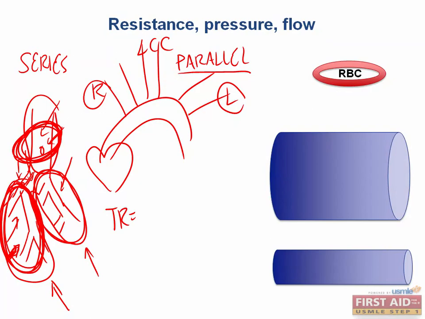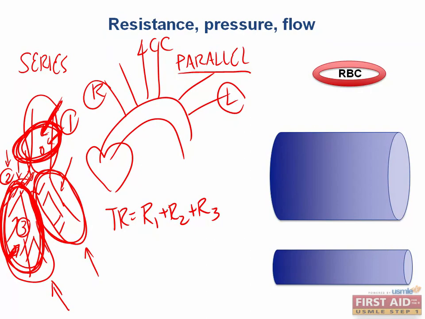So if this is vessel 1, and this is vessel 2, and then these little branches down here are vessel 3, they're all influenced by each other, in the sense that whatever the resistance in the main contributing vessel has an influence on the next, and then whatever the change in vascular tone is in 2 will influence 3. So that is why you add the resistances together. R1 plus R2 plus R3 gives you the total resistance for that group of vessels that appear in series.